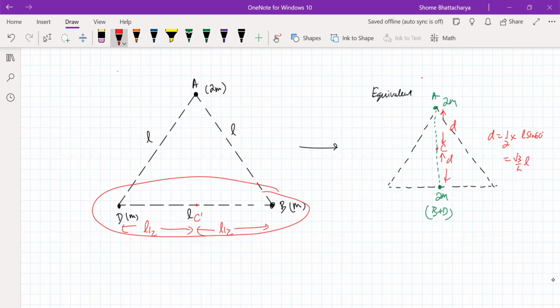Now coming back to the original triangle, I can see that the center of mass will be on the vertical altitude, the perpendicular bisector of BD, but at a height of this thing. This will be the center of mass.